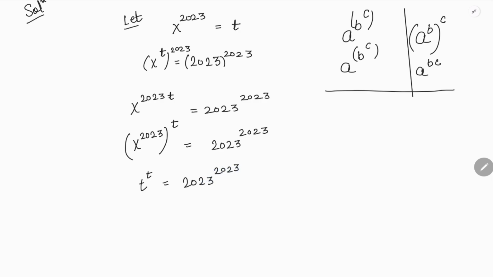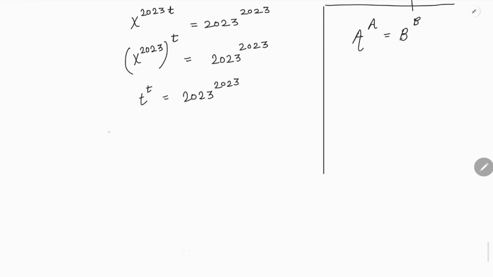And this method we discussed in many videos, that whenever you have such a question, always try to make it in this form: a raised to power a is equal to b raised to power b, and that we have got now, that t raised to power t is equal to 2023 raised to power 2023. And now it is easy to compare and we get t is equal to 2023.